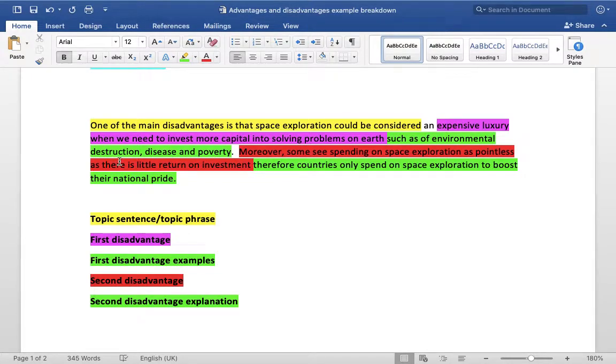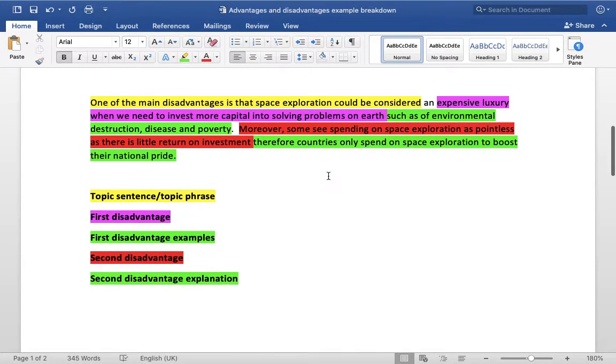So environmental destruction, disease, and poverty. And I have my second disadvantage. Again, I've not put, and the second disadvantage is, I've used different vocabulary, that's fine. And here we've got an explanation of the second disadvantage. So fairly straightforward.